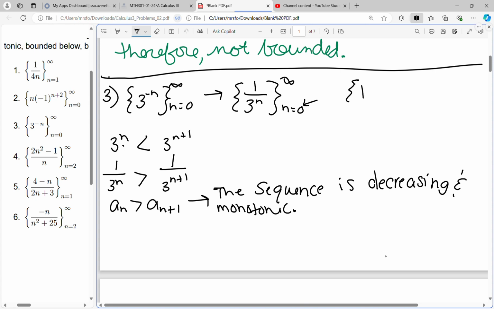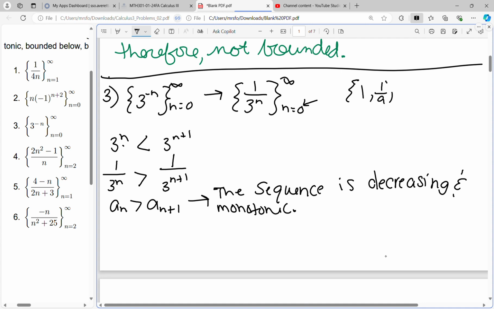Then 1 over 3 to the 2nd power would be 1/9.